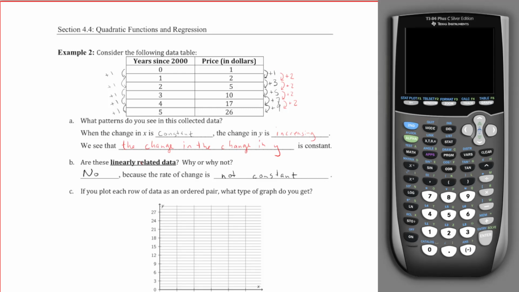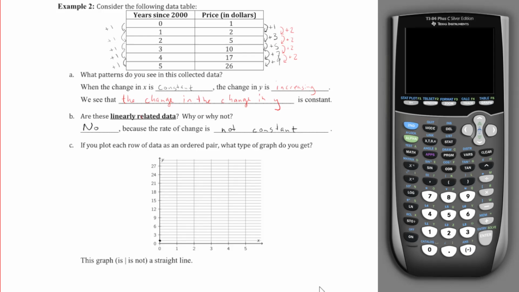And if we were to plot all of these points, when x is 0, y is 1, when x is 1, y is 2, when x is 2, y is 5, when x is 3, y is 10, when x is 4, y is 17, when x is 5, y is 26. We see that these do not line up along a straight line.